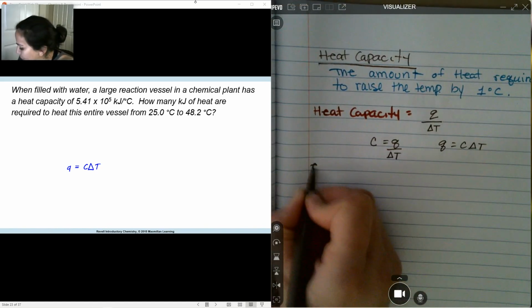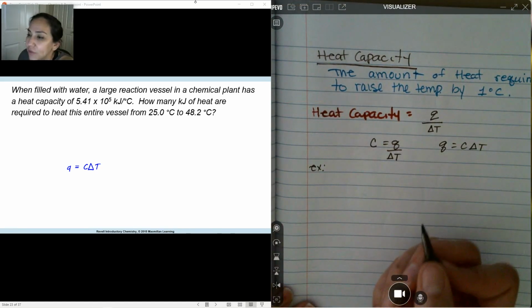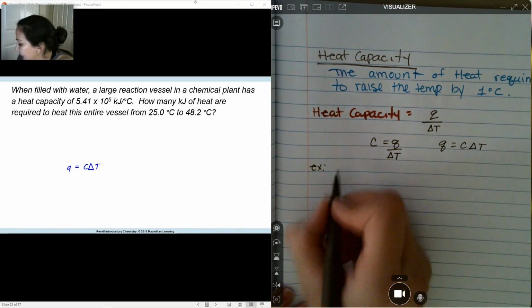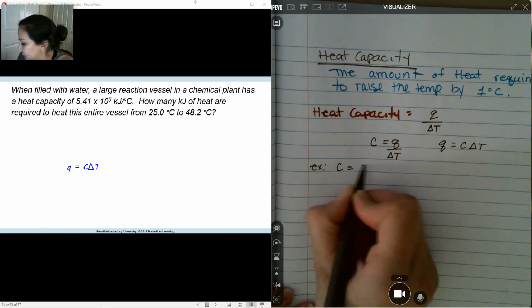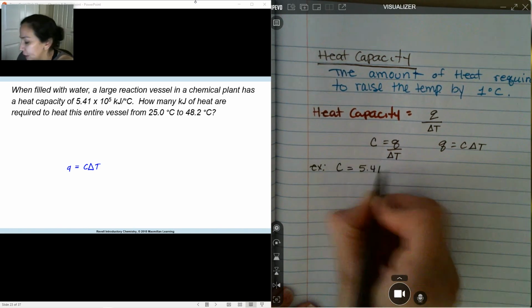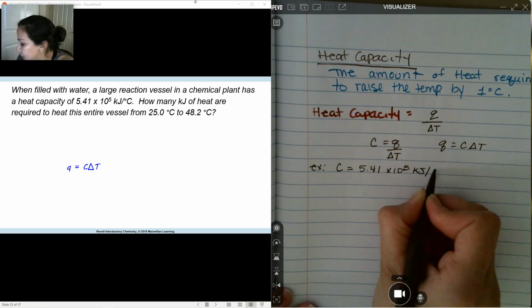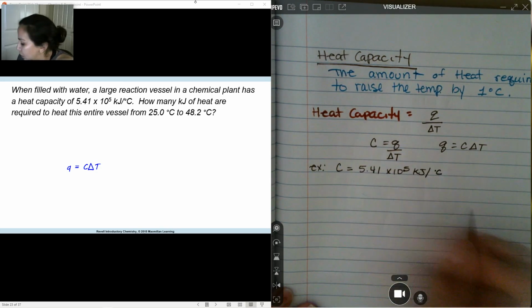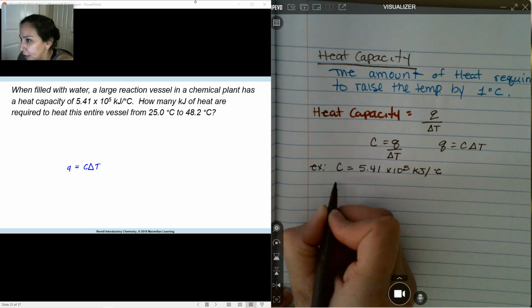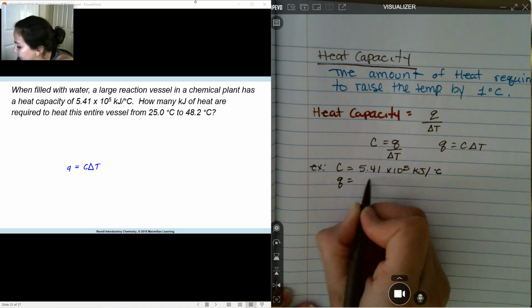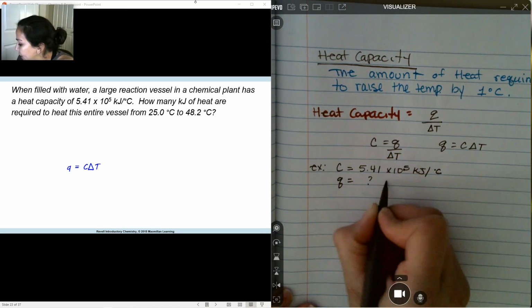So our example problem says we have a large water vessel in a chemical plant, so heat capacity, C, is 5.41 times 10 to the 5th kilojoules per degree Celsius. We're looking for kilojoules of heat, so we're looking for Q. It is unknown, and we want it in kilojoules.